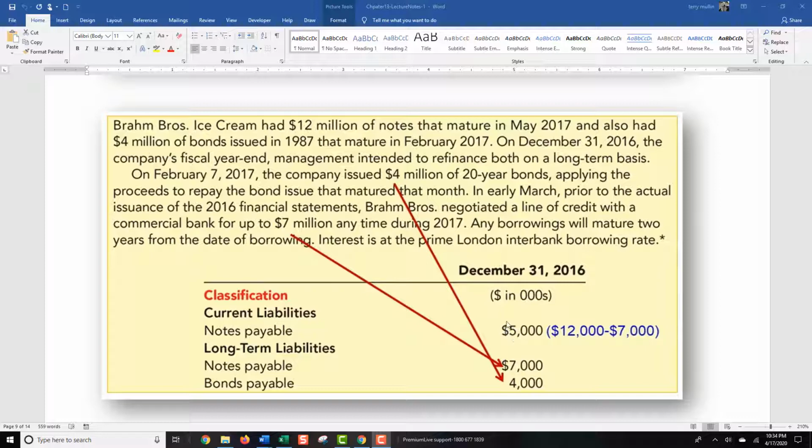So now only $5 million will be of that notes payable, right? This $12 million's coming due. Now only $5 million out of that 12 will be current. This $7 million will now be bumped up to long term, and the $4 million that should have been recorded as short term was replaced because they just issued a brand new bond. So the new bond just replaced the old bond, so now they don't have to show it as short term.